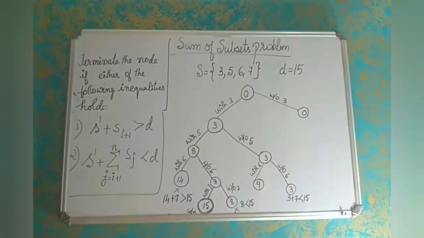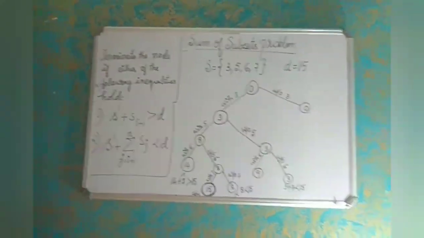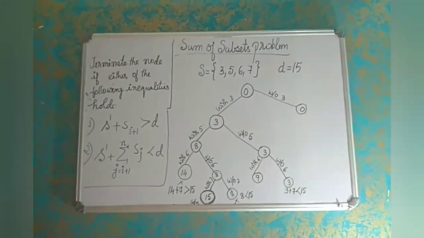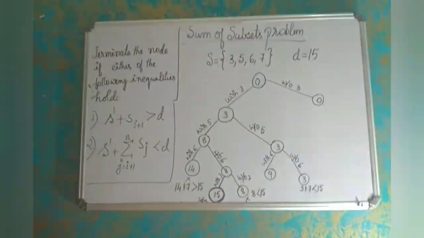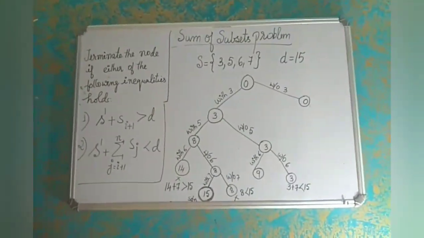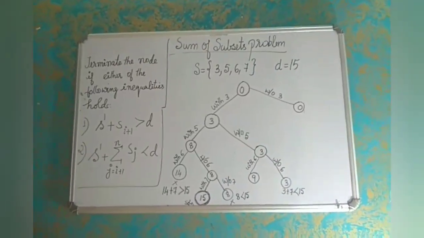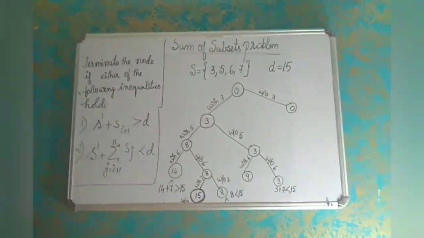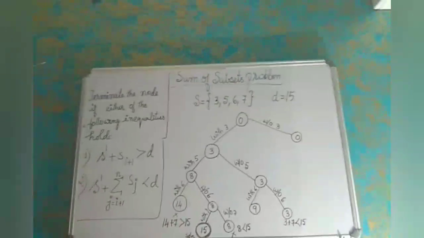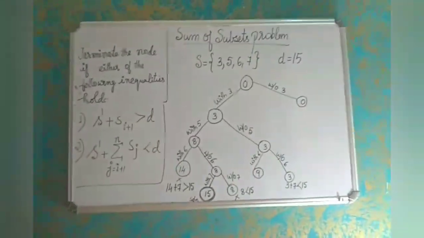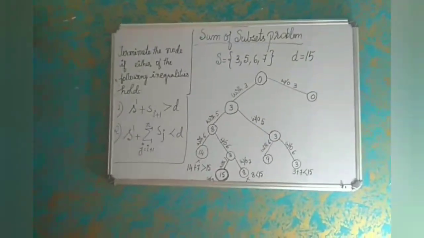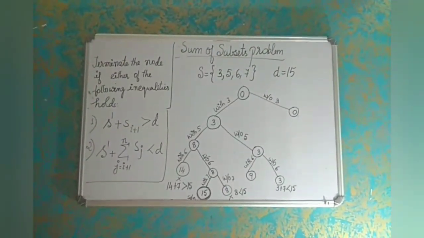Let us look at the actual procedure of solving the sum of subset problem using the backtracking method. Here we have taken one example in which S is equal to 3, 5, 6, 7. Just see the elements in S. They are sorted: 3, 5, 6, 7. So the first thing you have to do is sort the elements.